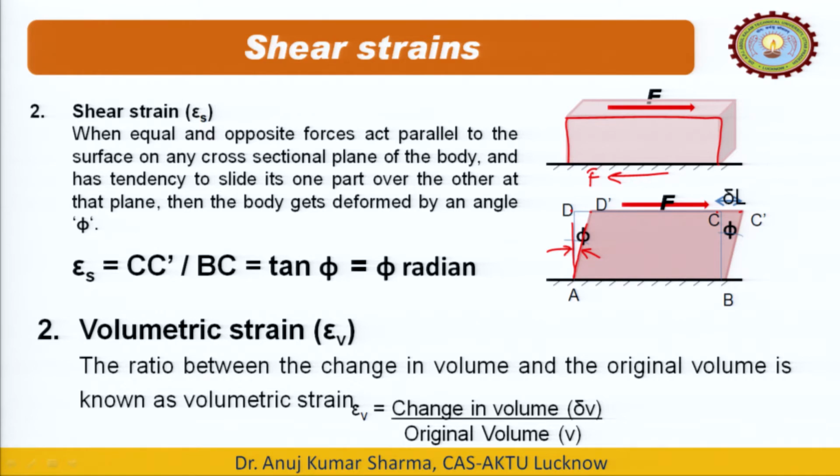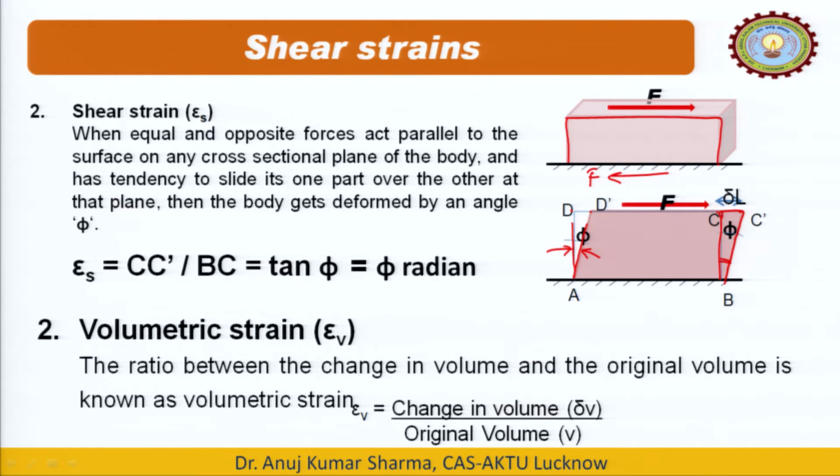So, epsilon s, the shear strain, is equal to... if we consider this triangle and apply the tan rule to it, this is delta L deformation, and this is a right angle triangle.